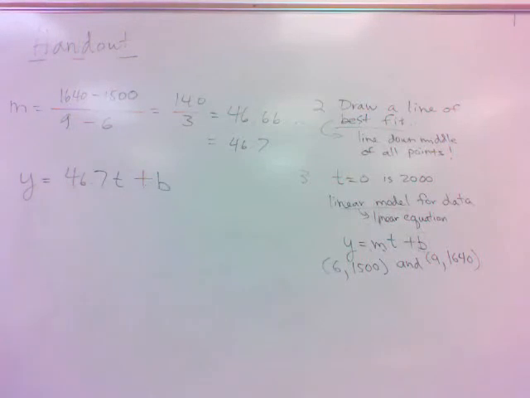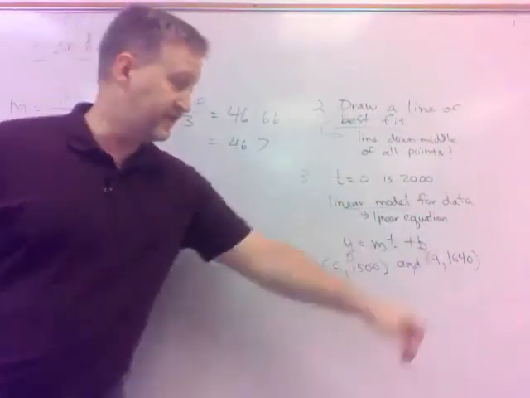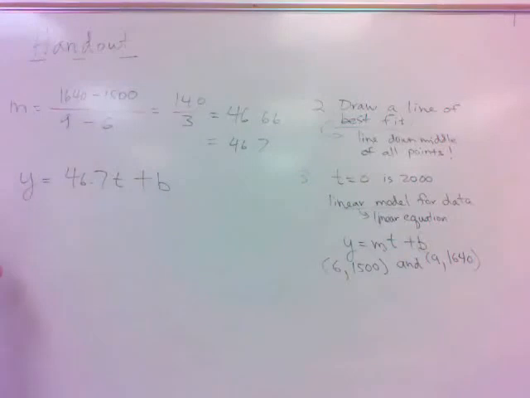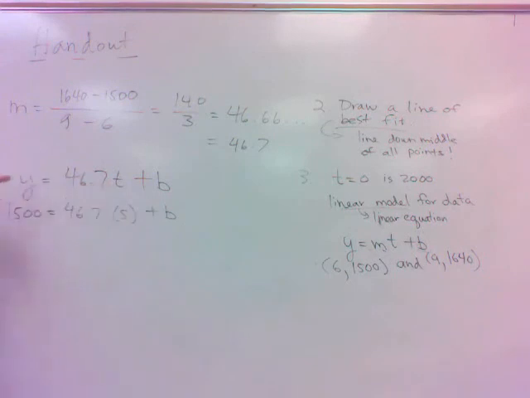So I know it's y equals 46.7t plus b. Now all I need to do is figure out the b. Now just plug in a t and a y. Plug in one of these for t, one of those for y. I'll just use 6 and 1,500. Just plug in the t to be 6, the y to be 1,500.